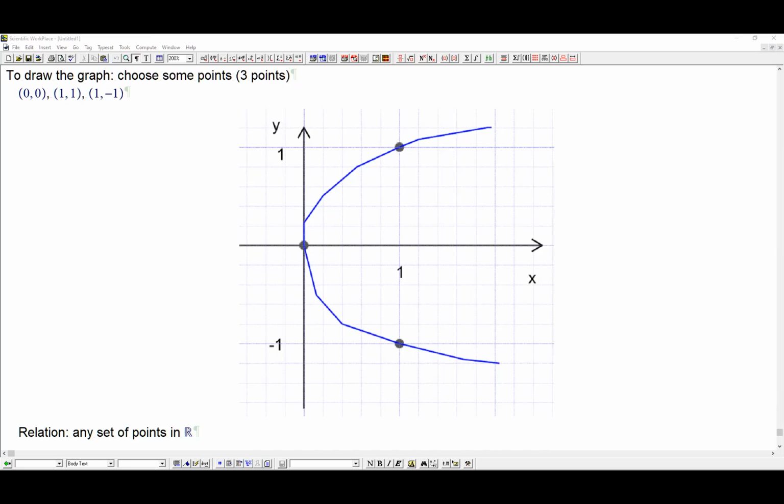A relation is a relationship between sets of values. So it's super abstract. It's anything we want, so it's not easy to define. But what we care more about is functions.